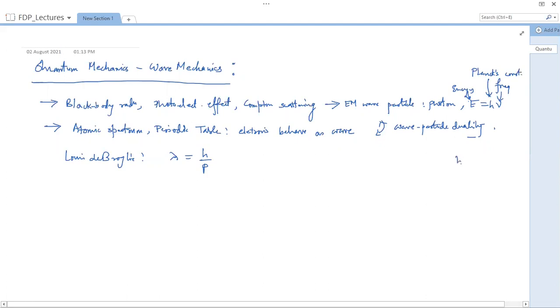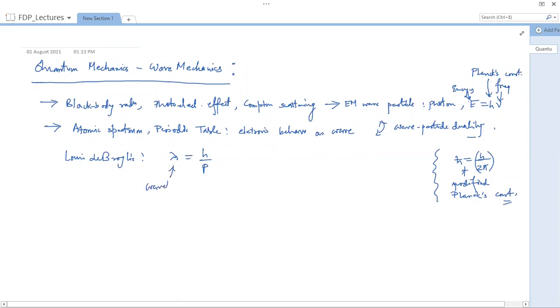We'll also have h bar, which is h by 2 pi, called the modified Planck's constant. But anyway, this is de Broglie's hypothesis for the wavelength of a particle.